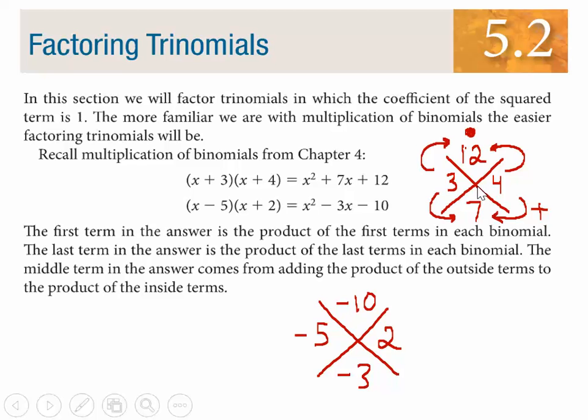So really, the top sign, for your multiplication number, tells you whether the signs are the same. The bottom number tells you what sign they are. So if this was a -7, the only change would be a -3 and a -4. You still would have got a +12. Cool. So that's for same signs.